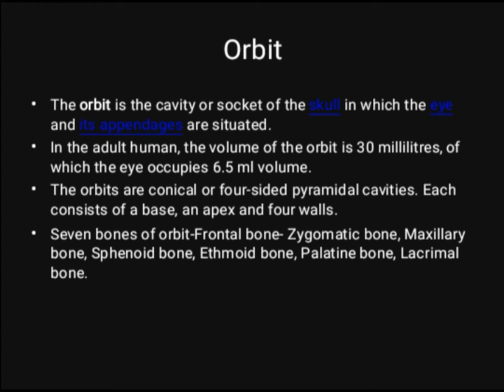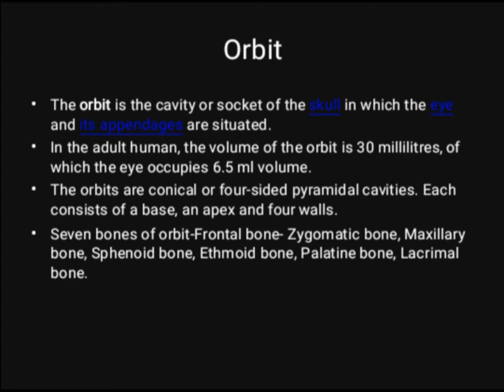As you can see, the orbit is a cavity present in the skull. As our eyes are in a pair, the orbit sockets are also in a pair, and they are part of the eye appendages. In an adult human, the volume of the orbit is 30 milliliters, in which our eye occupies 6.5 milliliters.